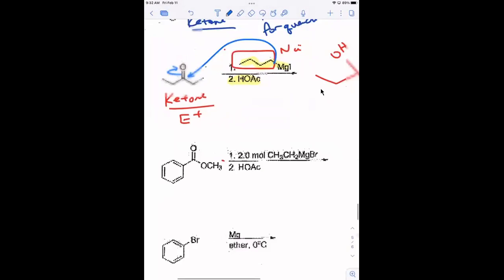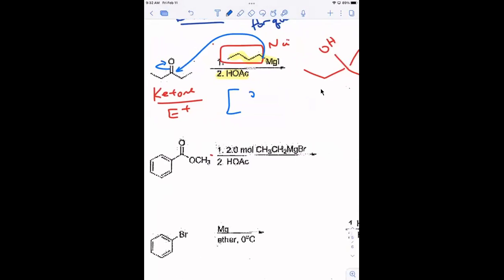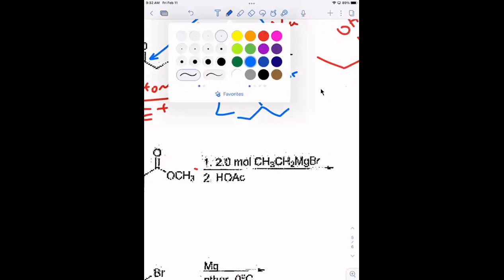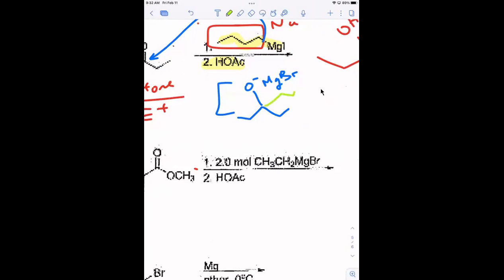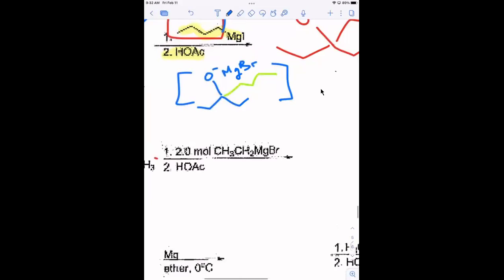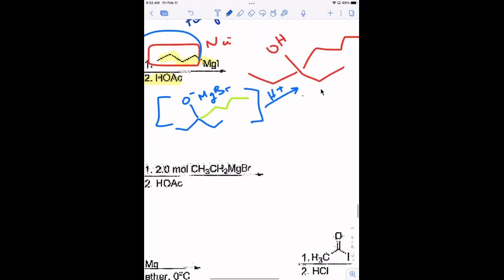And the intermediate that you get from that is going to look just like what you expect. All right, so that's the intermediate. And then from there, it's just a matter of quenching, adding in H plus to quench that intermediate and give you your product.